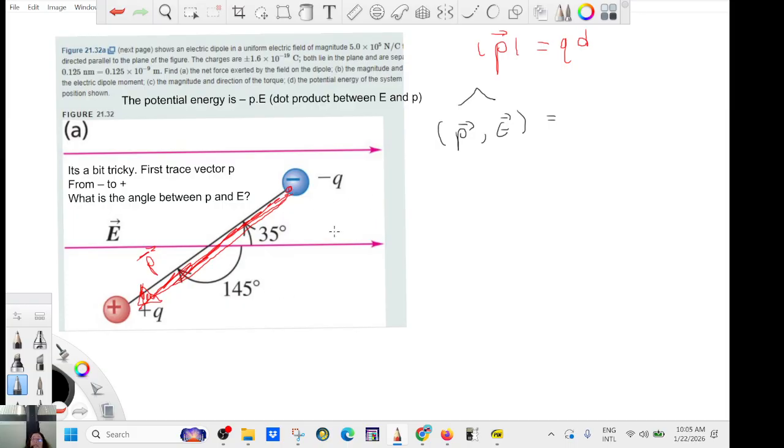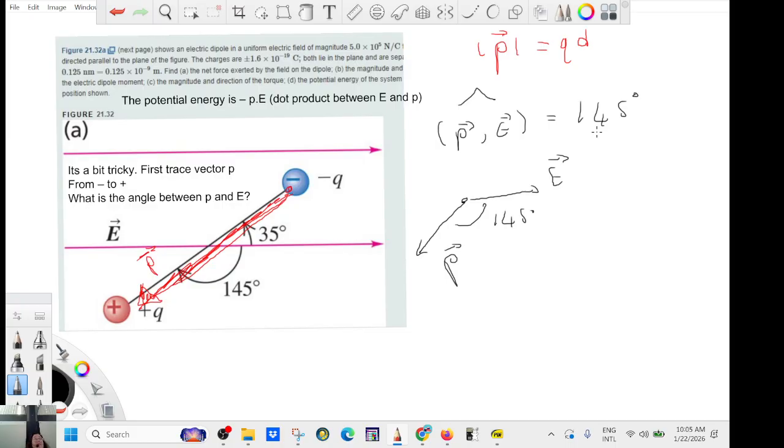Okay, so E is this way and P is that way. Do you agree? So I'm going to attach them by their tails. So we have E this way and then P going this way. So it's going to be 145. Okay, that's the only tricky part.